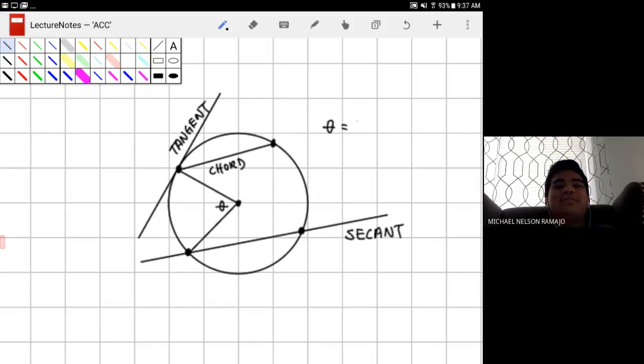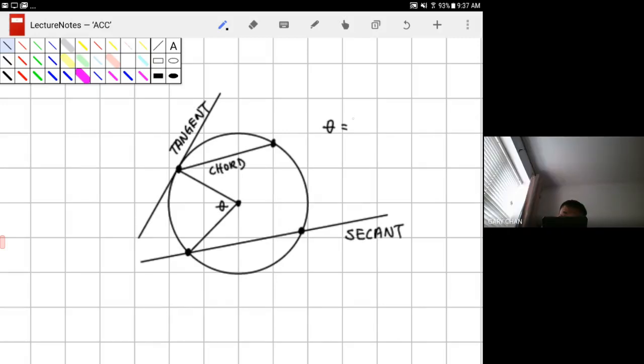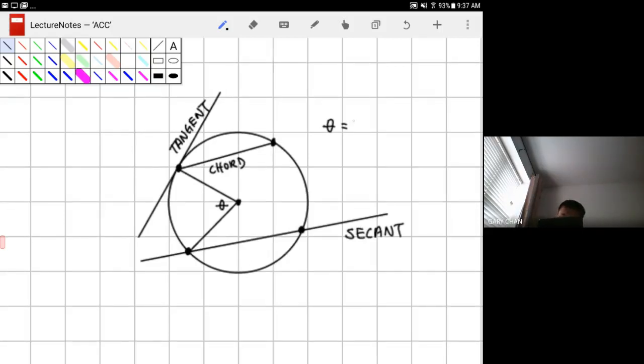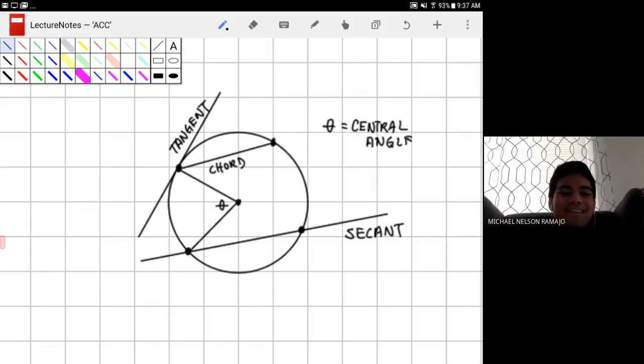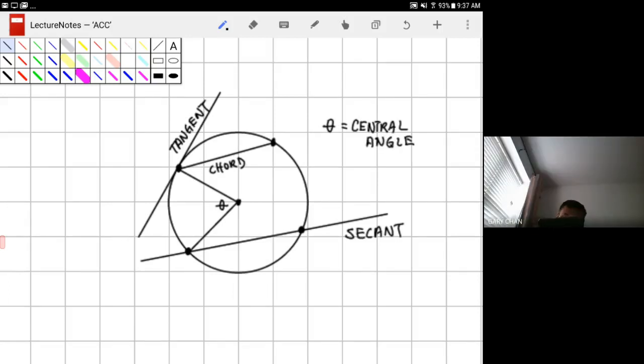The first word is C, and the second word begins with the letter A. This is the central angle. Yeah, it's a central angle.